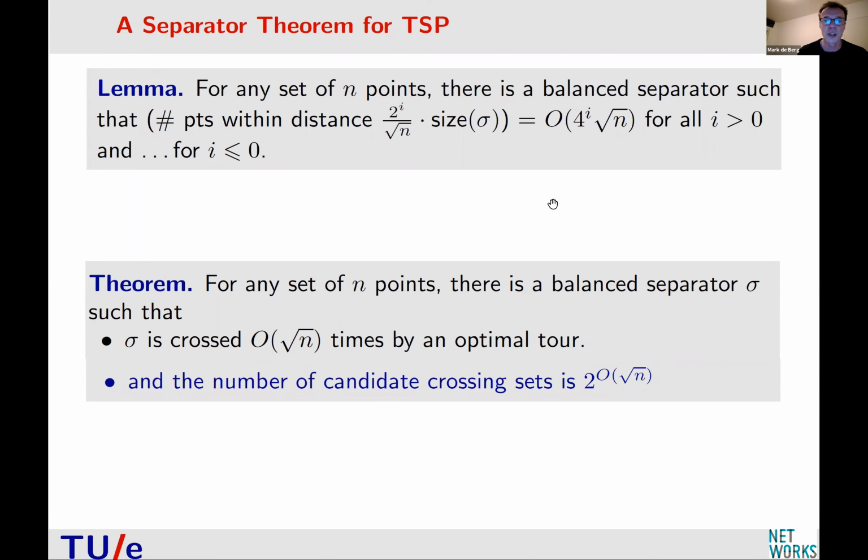Because for things going really from the middle of the square to outside, I don't have to guess many subsets because there's only going to be a constant number of them. And if you look at this previous thing, with some care, you can argue that this is the case.